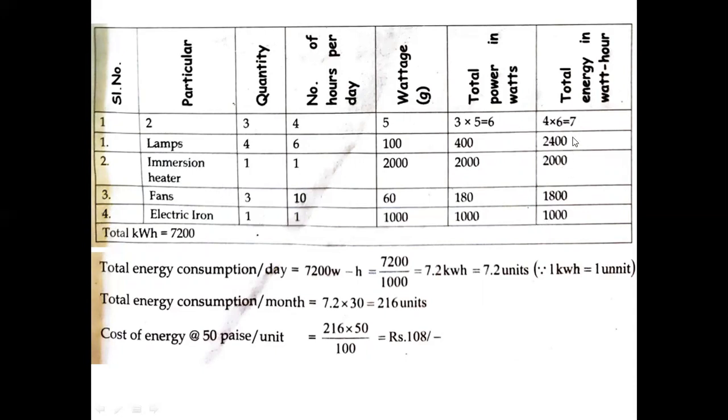So total energy in watt hour is 7200 watt hour. 7200 divided by 1000 gives you kilowatt hour, so 7.2 kilowatt hour, that is 7.2 units. So total energy consumption per month is 30 into 7.2, which is 216 units. So 216 into 50 paise, that is 108 rupees.